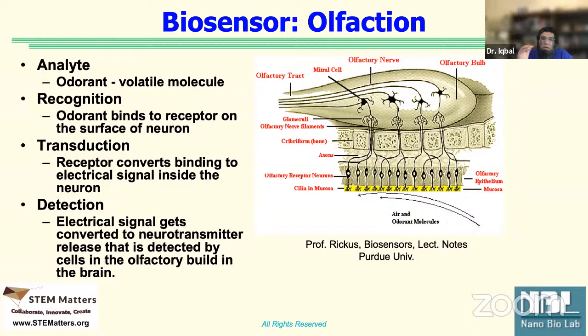For recognition, we have receptors in the nose where they bind at the end of neurons. And those receptors convert that binding into an electrical signal that fires up those neurons. That firing travels, gets to the brain, and there is a message that something needs to be done, right?